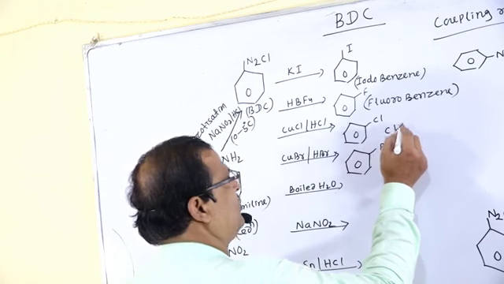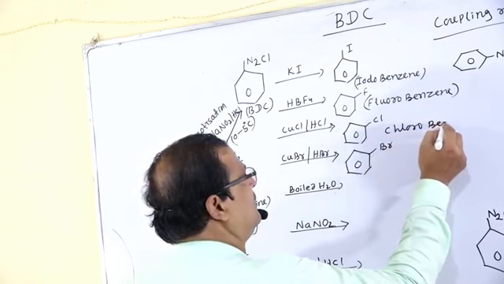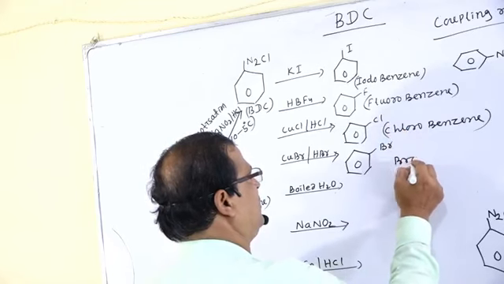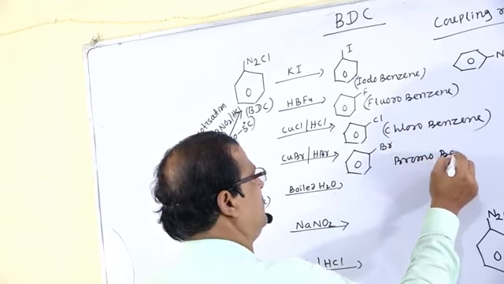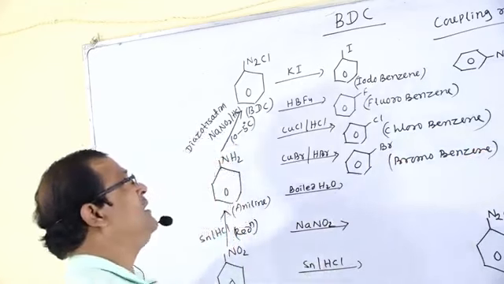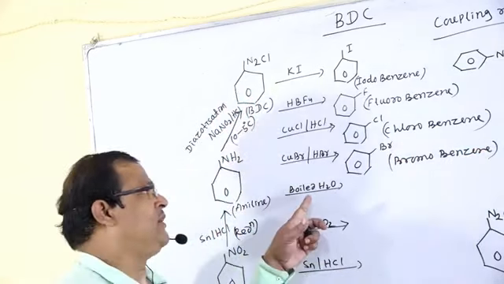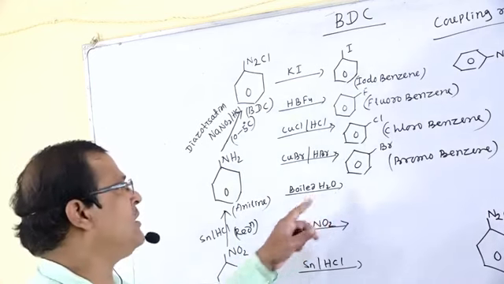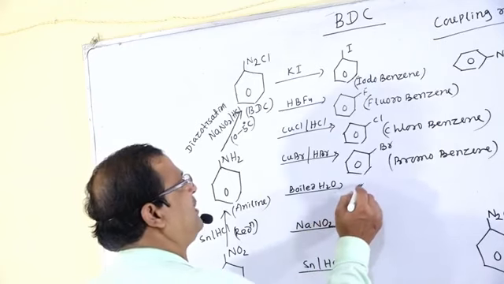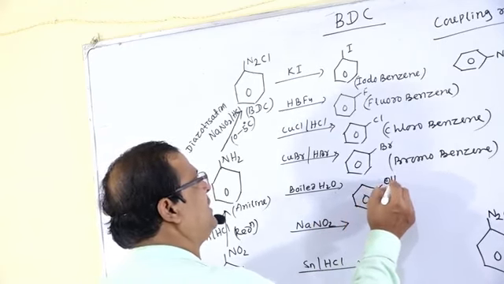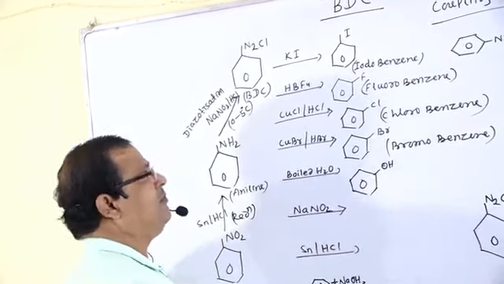This is your chlorobenzene, and this is bromobenzene. Next, BDC treated with boiling water gives phenol, benzene attached with OH.